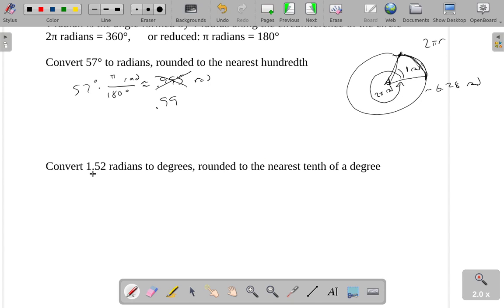Alright, so if we want to convert 1.52 radians to degrees, well, 1.52 radians, if I want to convert this to degrees, that means I want degrees on the top and radians on the bottom, so the radians will cancel with radians. Well, I know that pi radians is equal to 180 degrees, and so that's how I set up my fraction there.